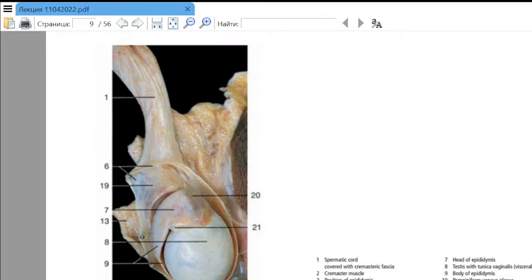This is margo anterior, margo posterior, extremitas superior, extremitas inferior, and the epididymis. This is the scrotum. This is the spermatic cord covered with spermatic fascia.